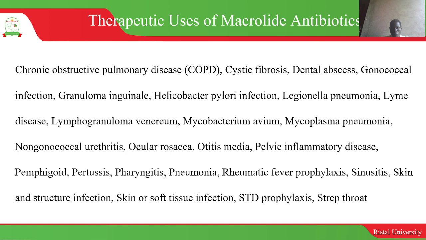Still continuing with the therapeutic uses of macrolide antibiotics: chronic obstructive pulmonary disease, cystic fibrosis, dental abscess, gonococcal infection, granuloma inguinale, Helicobacter pylori infection, Legionella pneumophila infection, Lyme disease, lymphogranuloma venereum, gonorrhea, Mycobacterium avium, Mycoplasma pneumoniae, non-gonococcal urethritis, ocular rosacea, otitis media, PID, the pelvic inflammatory disease, pertussis, pharyngitis, pneumonia, rheumatic fever prophylaxis, sinusitis, skin and skin structure infection, skin and soft tissue infection, sexually transmitted disease prophylaxis, and strep throat.